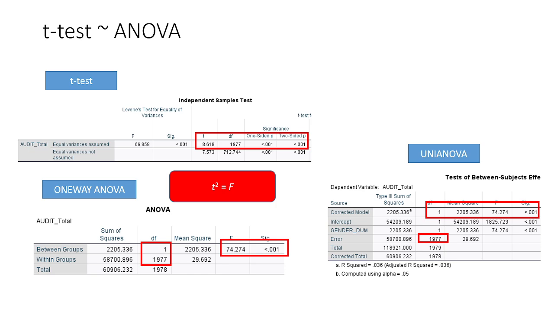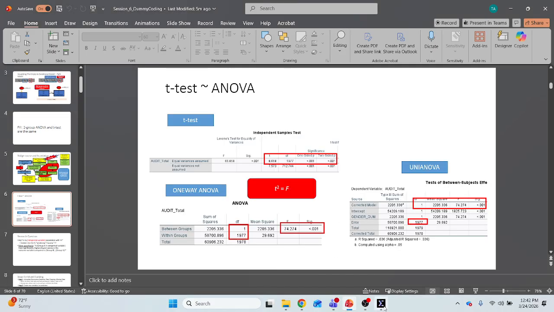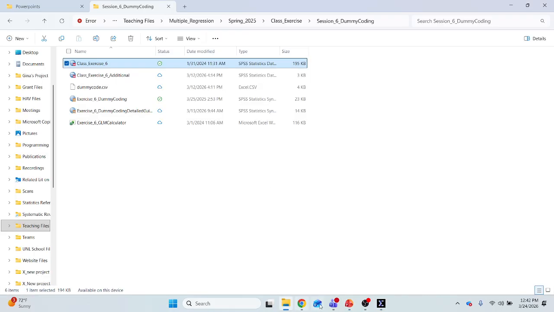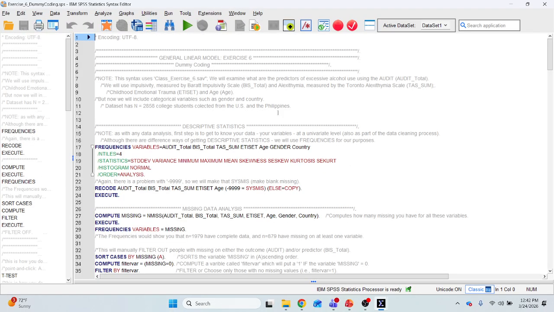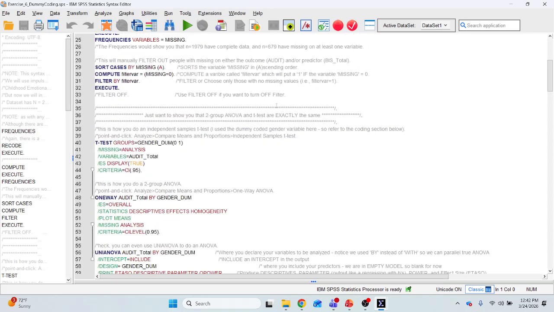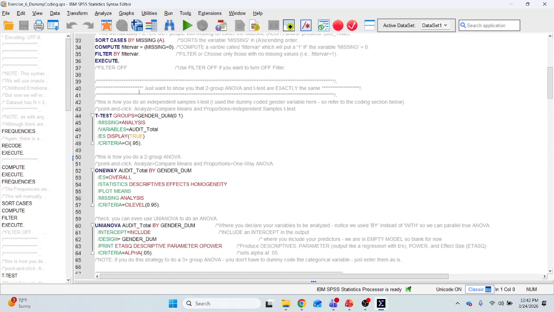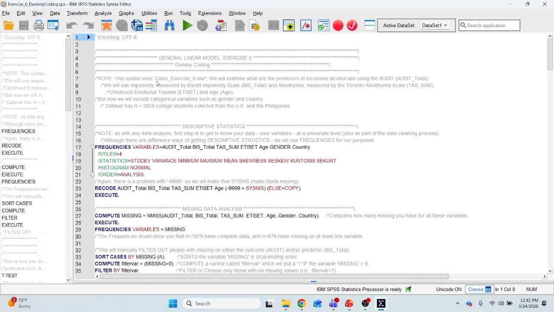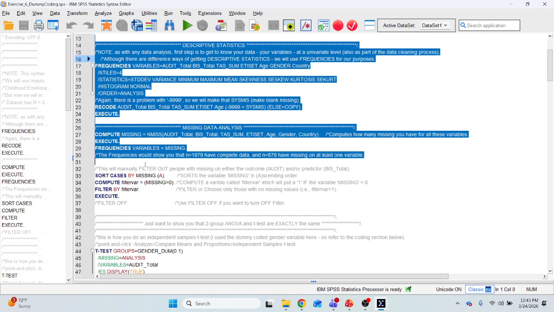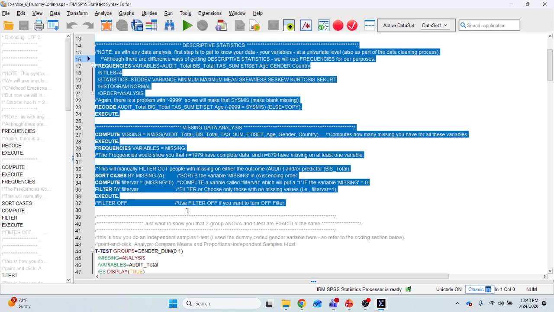Now, if you have your SPSS open, and you have your exercise 6 dummy coding open, if you want to do this, run from 13 to 37.